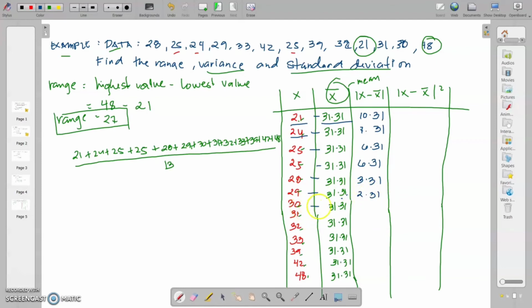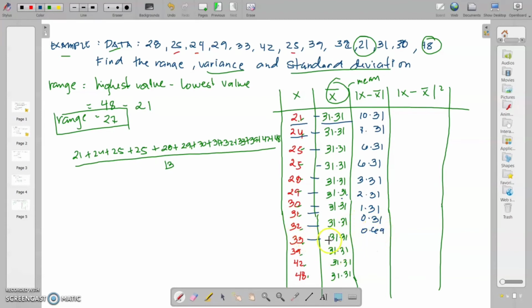Next is 30 minus 31.31 is 1.31. Next is 31 minus 31.31 equals to 0.31. Next is 32 minus 31.31 is 0.69.